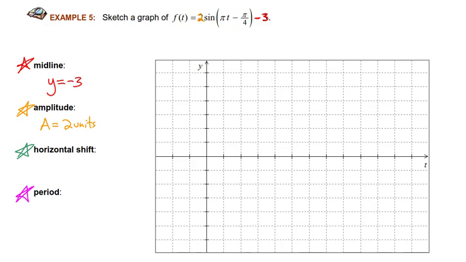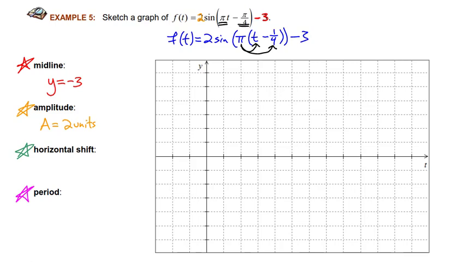So I'll rewrite this function f of t as 2 sine of pi times (t minus 1/4), which we can double check by recognizing that if you multiply pi times t, you'll get pi t, and if you multiply pi times 1/4, you'll get pi over 4. So all we've done is reorganize the function, but it's still the same as it was before.